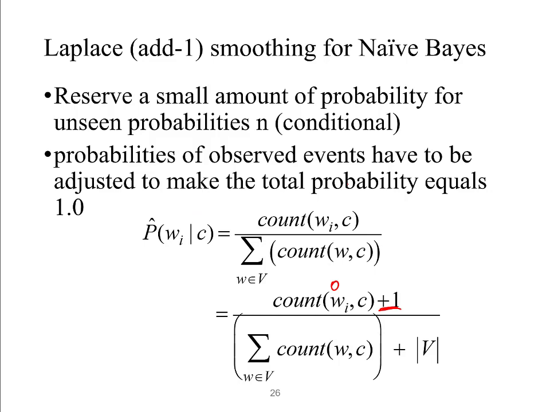So in order to do that, for each denominator, we add the size of the vocabulary. Then we can guarantee that the sum of the total probabilities would be 1.